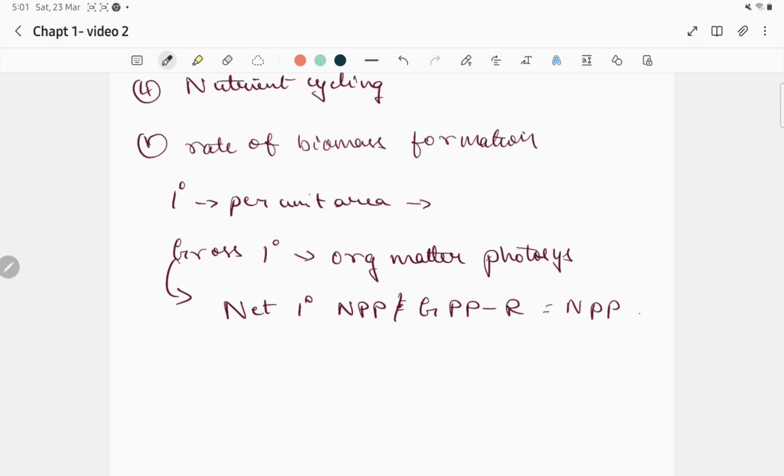Next one is decomposition. What is decomposition? Decomposers break down complex organic matter into inorganic substances like carbon dioxide, water, and nutrients.